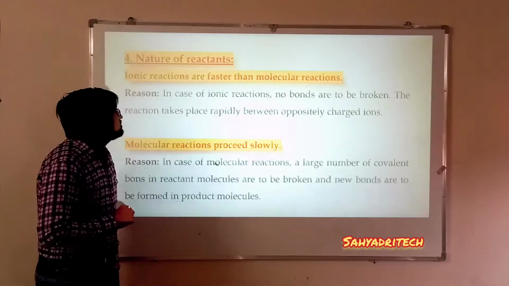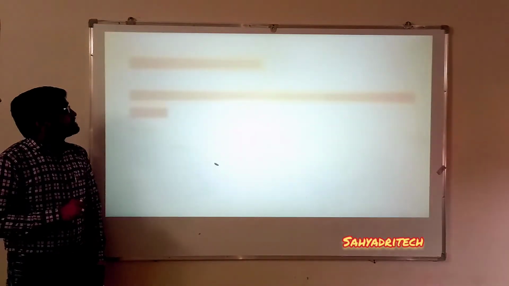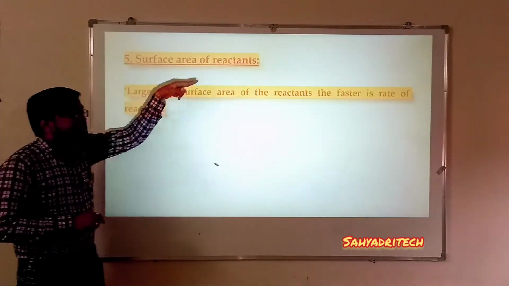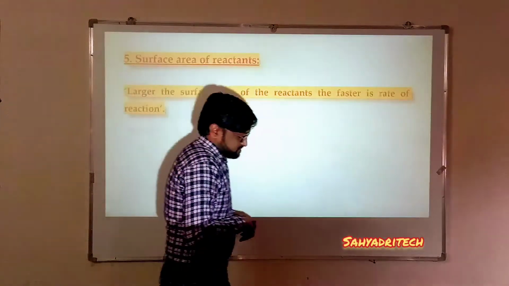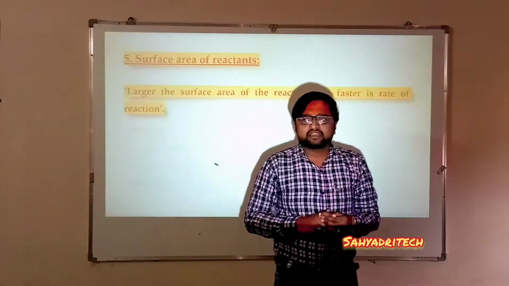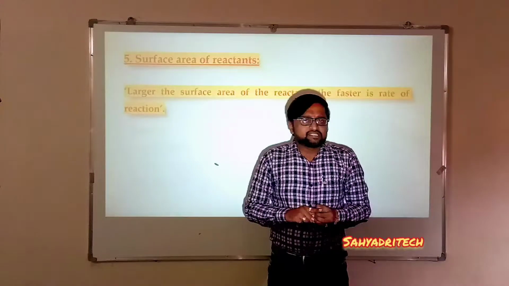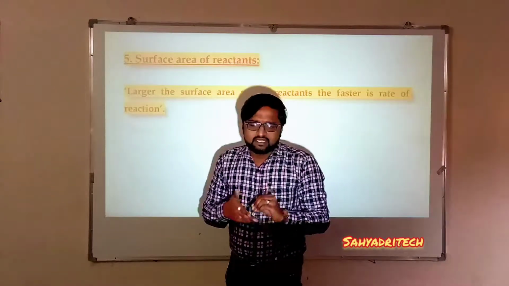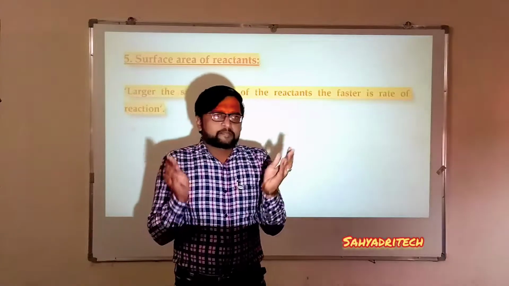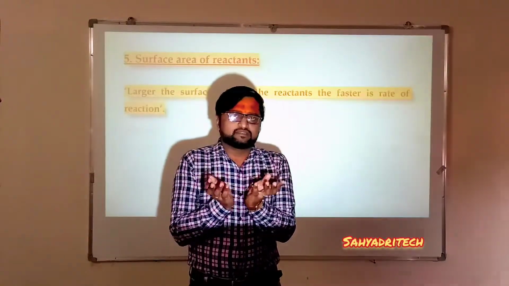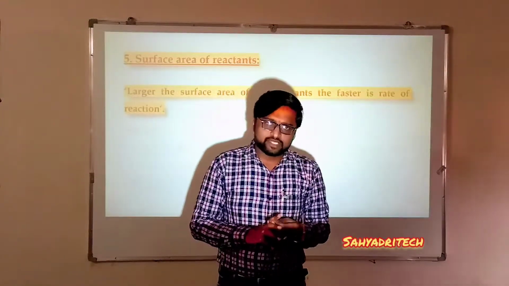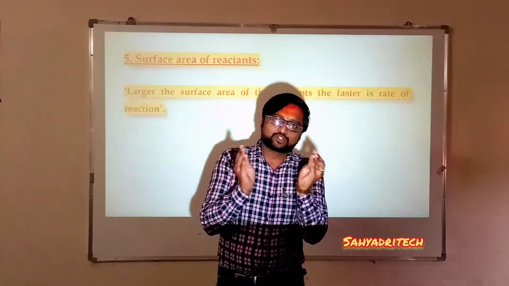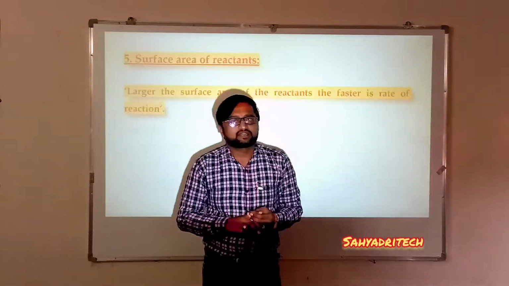Coming to the fifth one, what is the fifth factor we said? That is the surface area of a reactant. Now, how does surface area influence the rate? As I said, the basic condition for a reaction to proceed is that reactant molecules have to collide with one another.